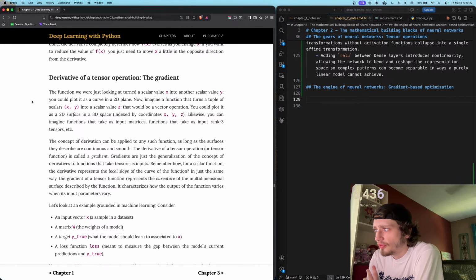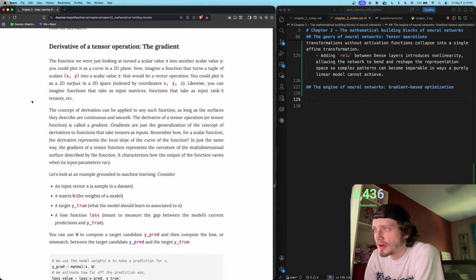Remember how, for a scalar function, the derivative represents the local slope of the curve of that function. In just the same way, the gradient of a tensor function represents the curvature of the multi-dimensional surface described by the function. It characterizes how the output of the function varies when its input parameters vary.